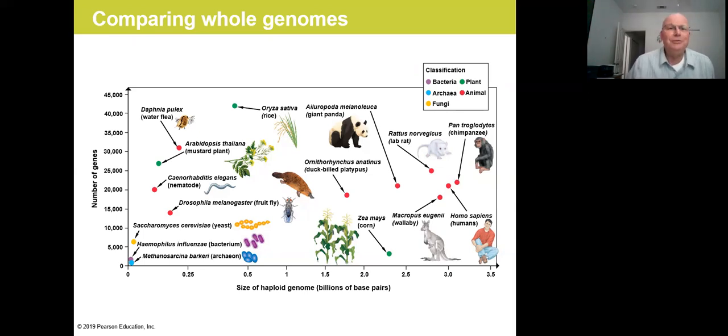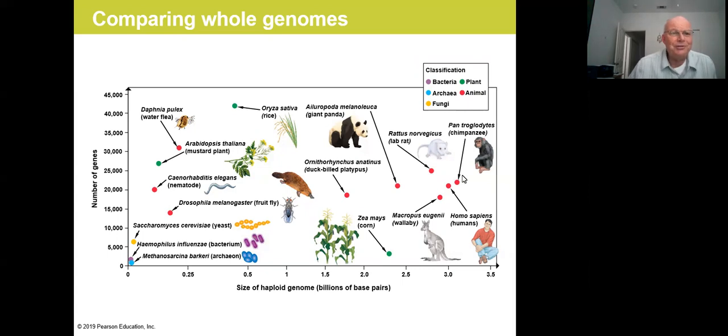Maybe you remember that. If you don't, you might want to go back and take a look at last chapter's presentation and find the section on Hox genes to just remind yourself of that. It turns out that the fruit fly has a single set of Hox genes.